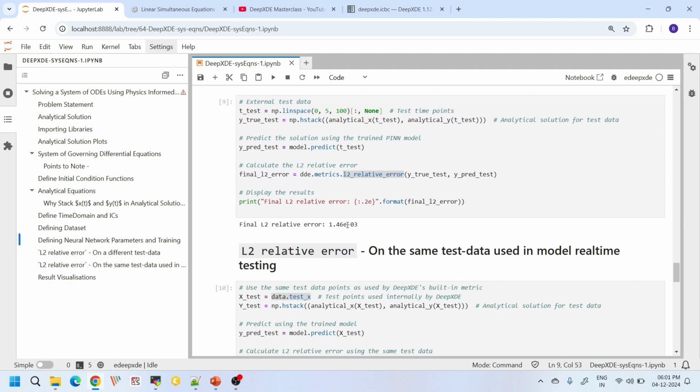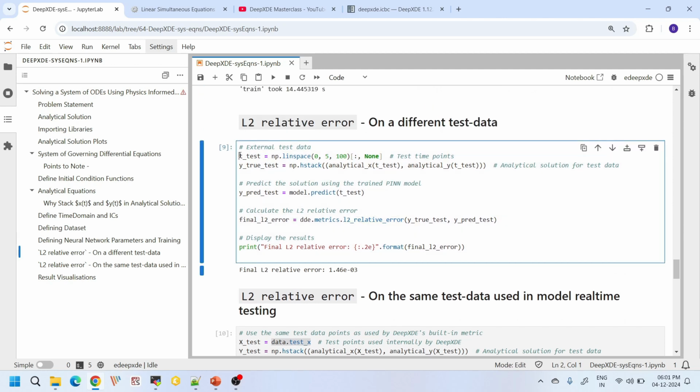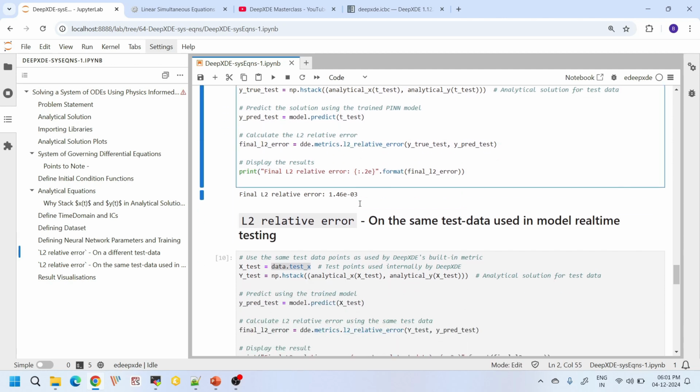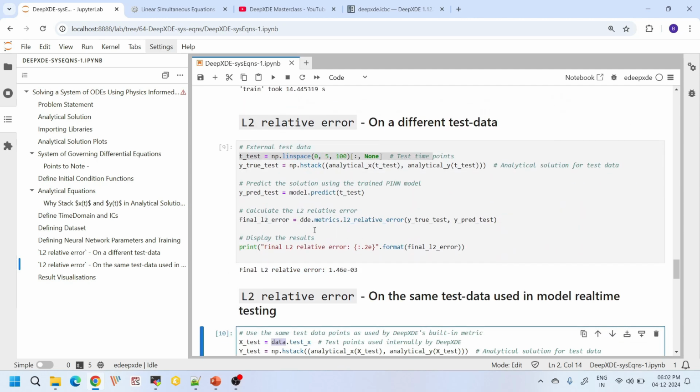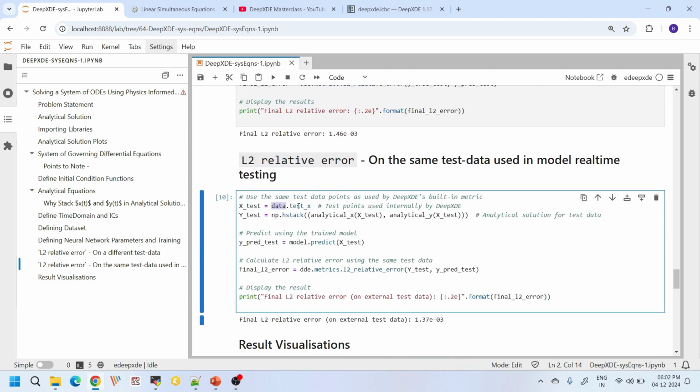If instead of defining separate test data, I use the test data that was used in the simultaneous testing during training, you can extract it using data.test_x.